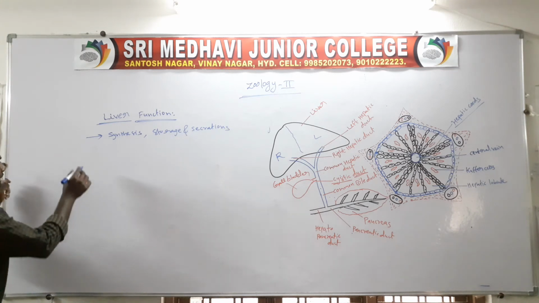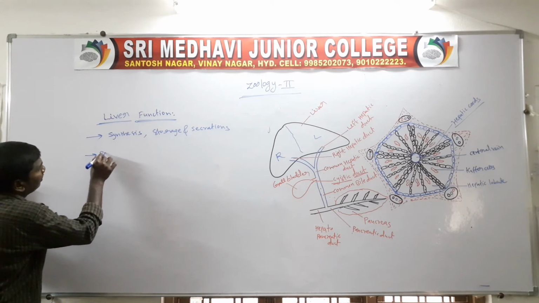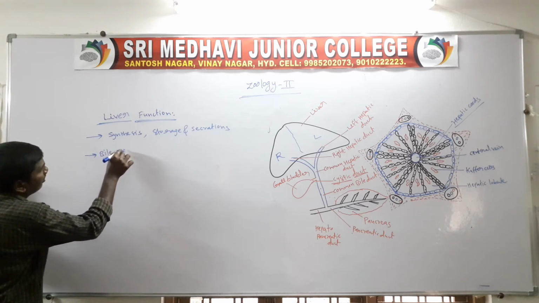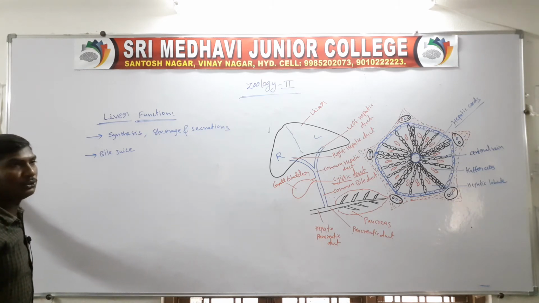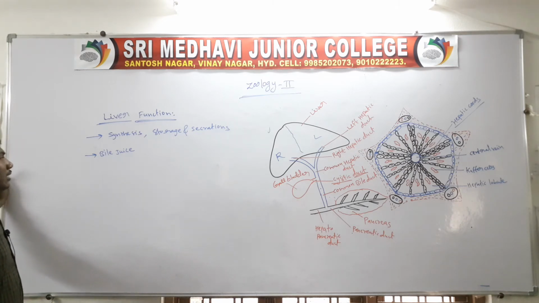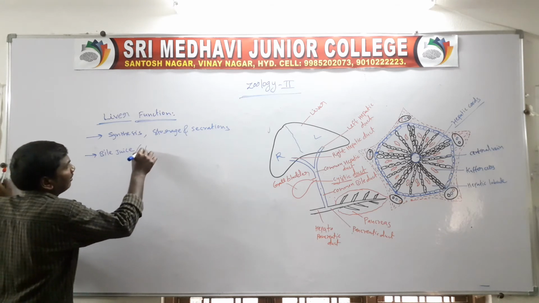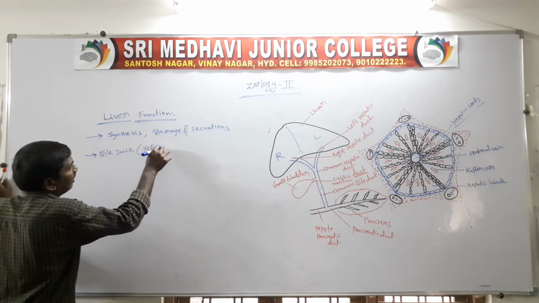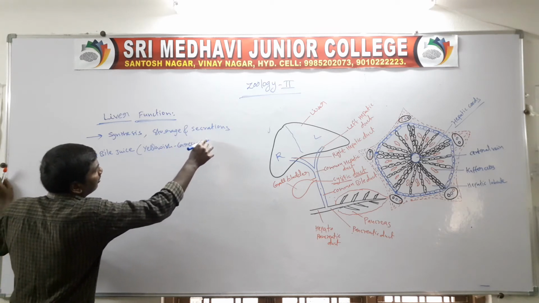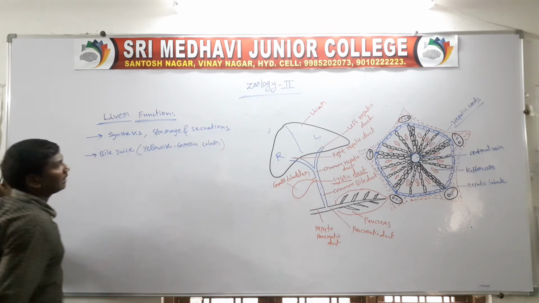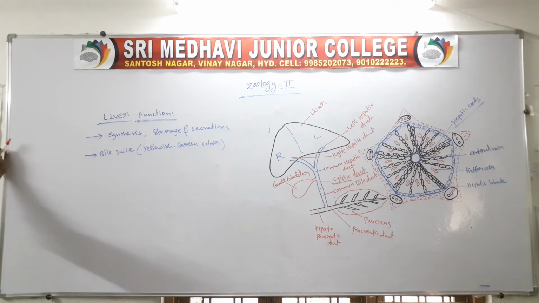Next one, the liver secretion is called the bile juice. The bile juice is yellowish green in color.